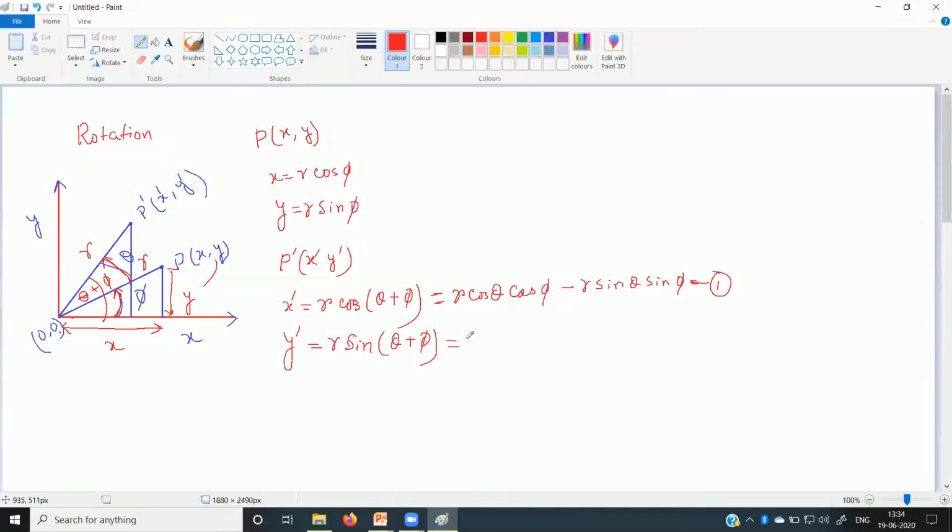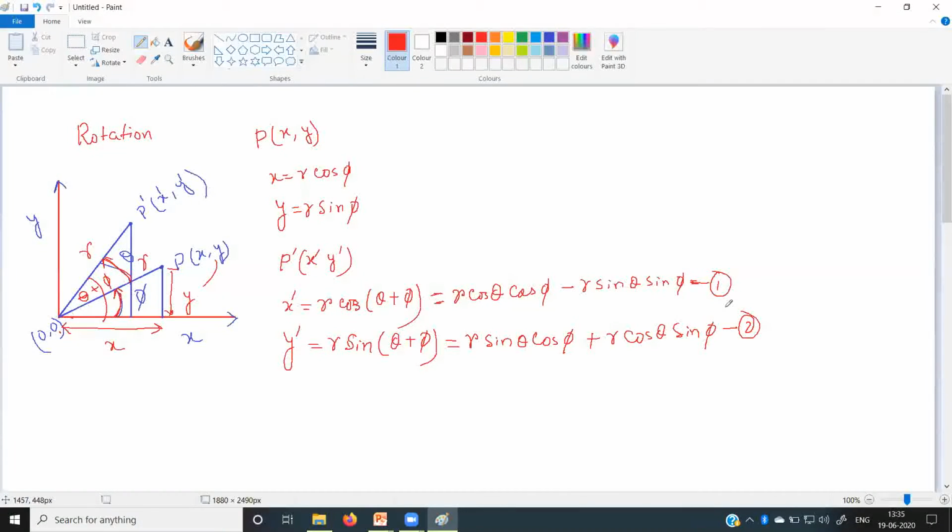I can write it as R sin theta cos phi plus R cos theta sin phi. Let us say this is equation 2.